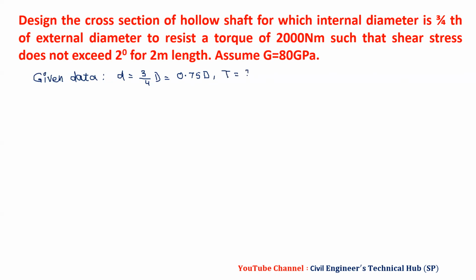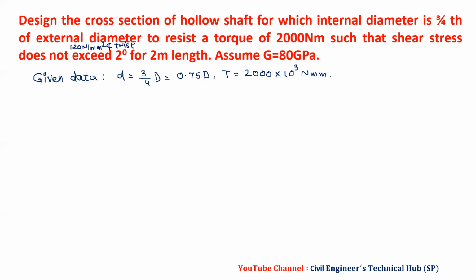So T is 2000 into 10 raised to 3 Newton millimeters, such that shear stress does not exceed, as we have seen in that problem, 120 Newton per mm square, and twist 2 degrees for 2 meter length.